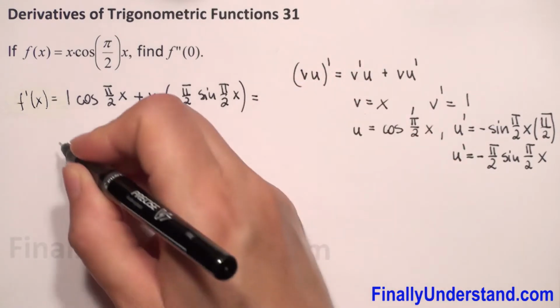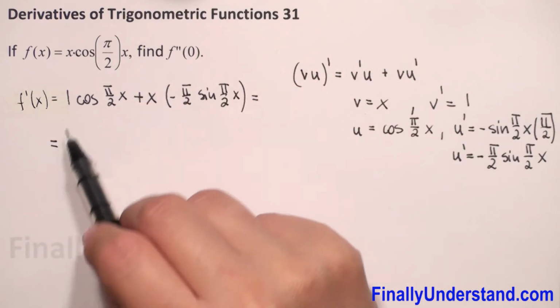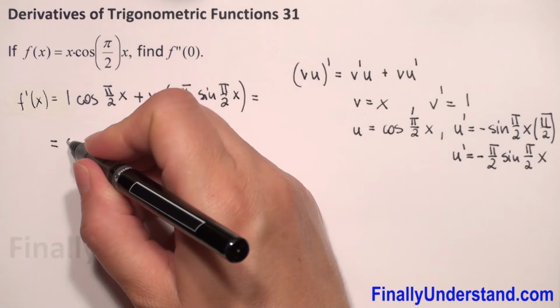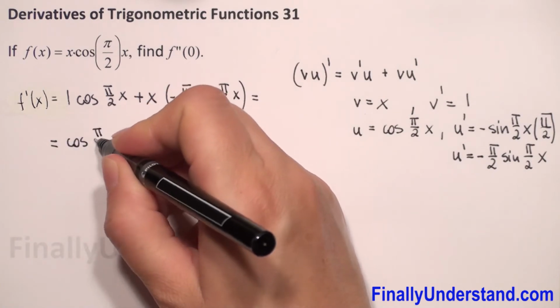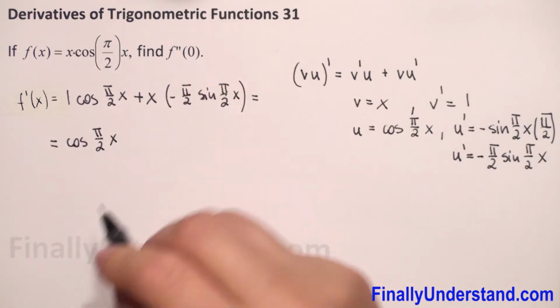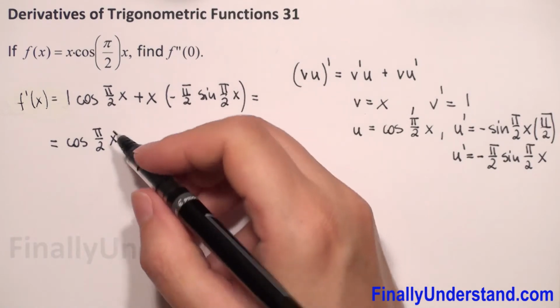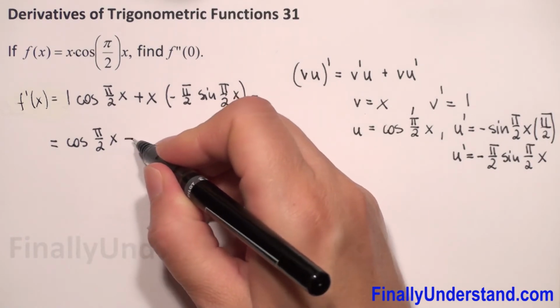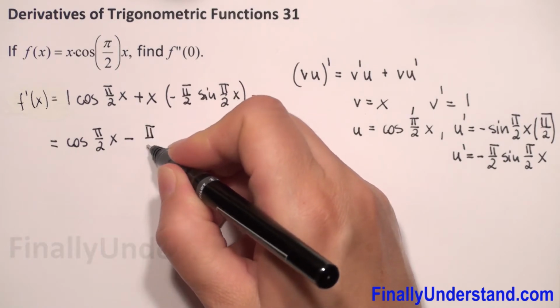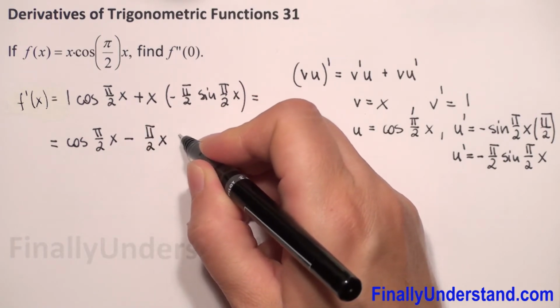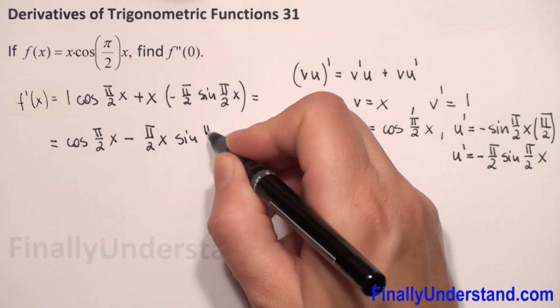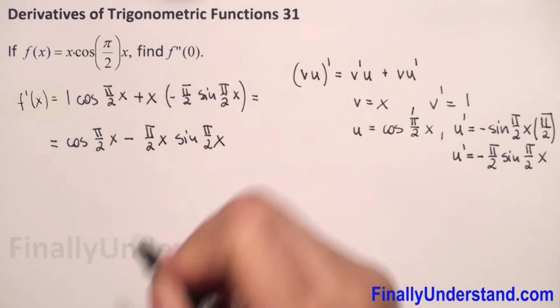This is equal to 1 times cosine, which is cosine of pi over 2x, and we have positive times negative, which is negative, so we have negative pi over 2x sine of pi over 2x.